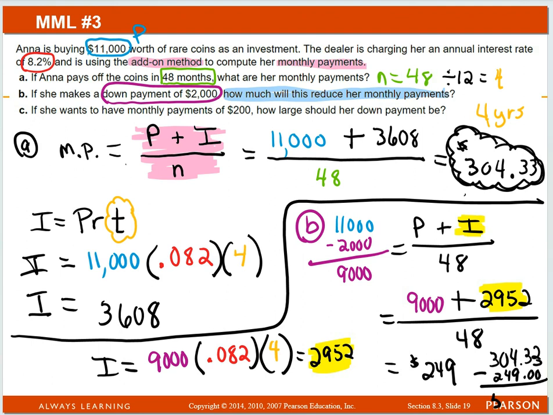And her difference is $55.33. This is the answer to part B. How much will this reduce her monthly payments? She was paying $304.33. It's now reduced down to $249. So that's a difference of $55.33.